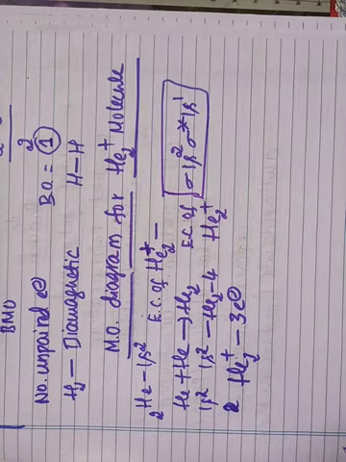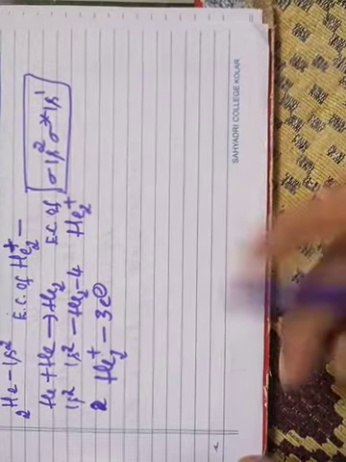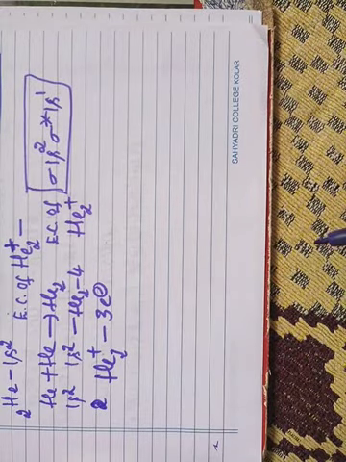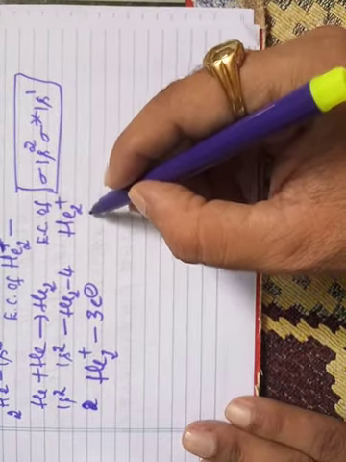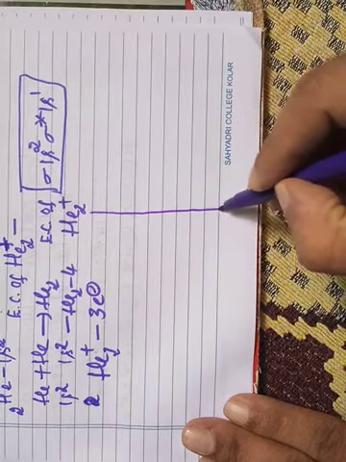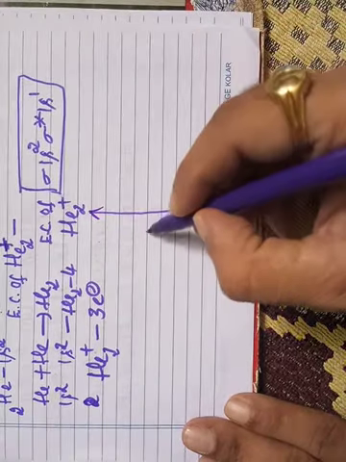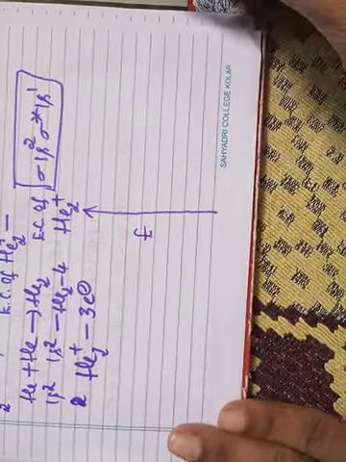So let us construct the molecular orbital energy diagram for the He2 plus ion.